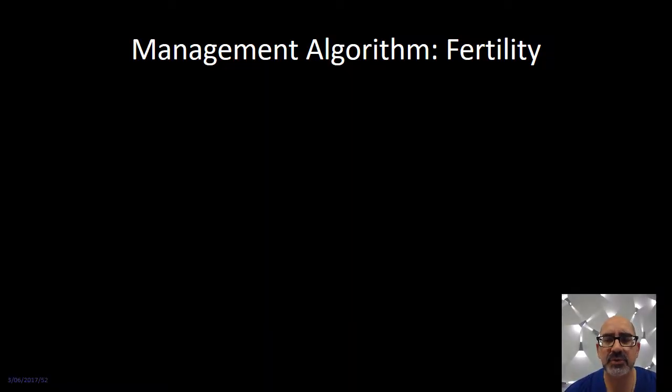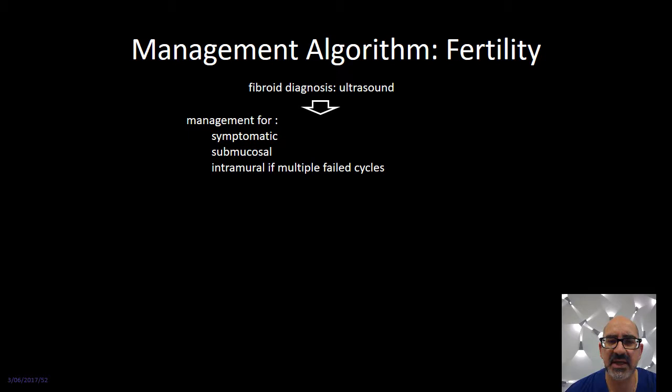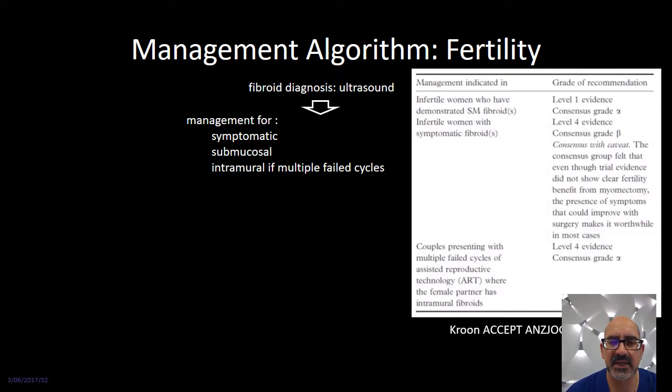So what should you do with your patient with fertility problems and fibroids? Well, the diagnosis is made on ultrasound, and ultrasound is now part of the initial assessment of all patients with infertility. Management should occur if they're symptomatic, particularly if it's submucosal, if they're intramural, if there are multiple failed cycles, and this is in line with our ACCEPT statement.